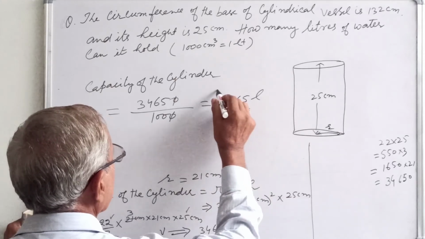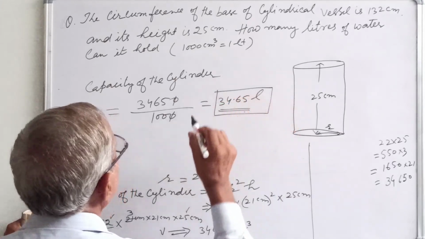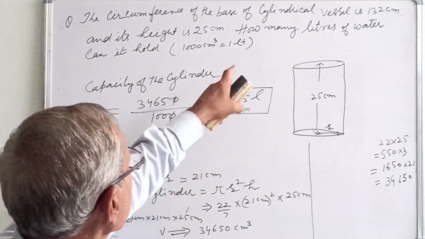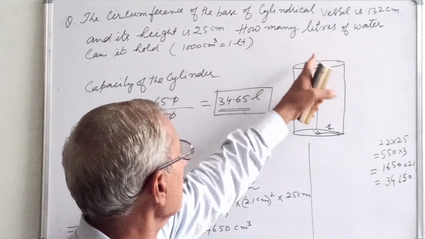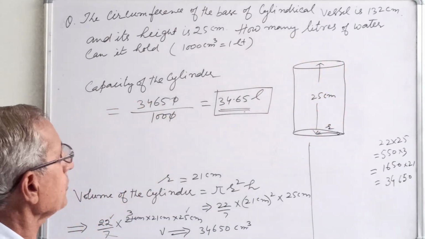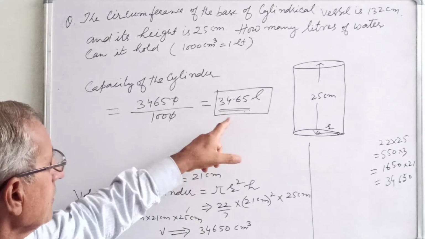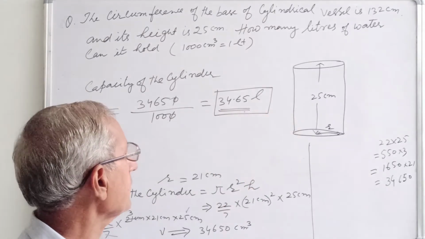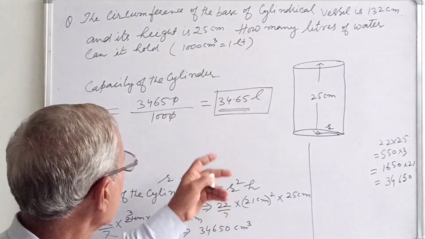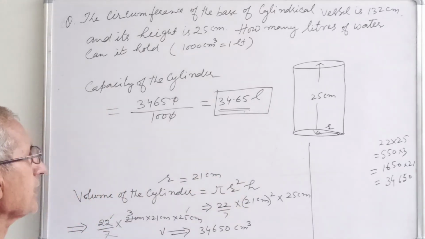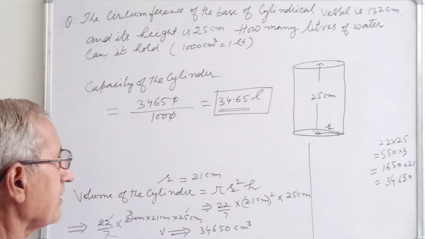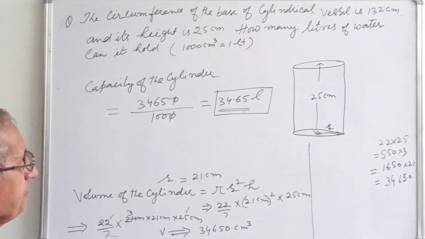So this is the answer. You were asked how much water it can hold, how many liter of water can it hold? So the capacity of the cylinder is 34.65 liters. This is the answer.